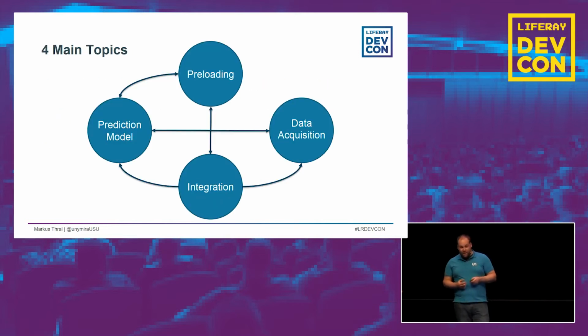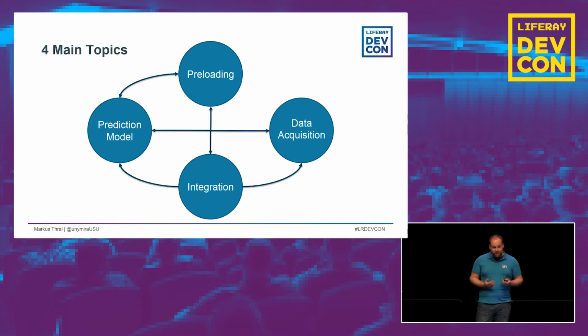There are 4 main topics we have to address. The first one, preloading. How can we do it? How can the browser preload data? And also the prediction model. We need a model which can be trained with user activities and predict the next step of a user.